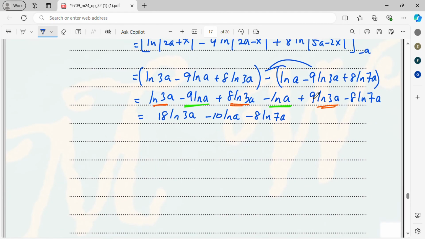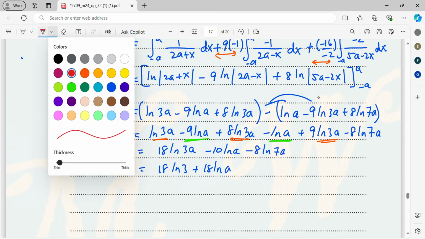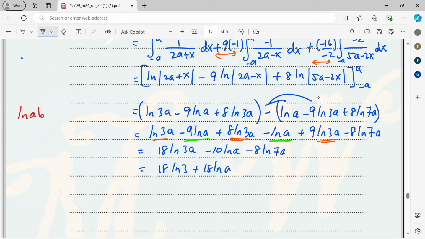So now I have to split into two. Therefore, here I will write 18 ln 3 plus 18 ln a, because we have this identity, ln ab is ln a plus ln b. So the ln 3a I change to ln 3 plus ln a.